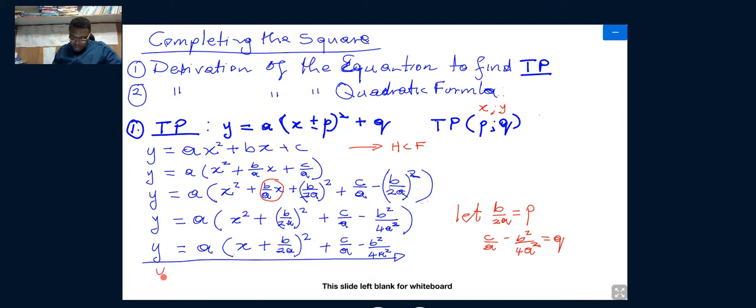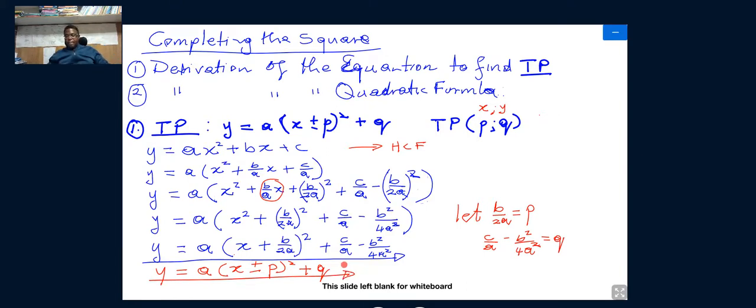Therefore, finally, we have a into x, it could be plus p or subtract p, all squared, plus q. This is a general form.